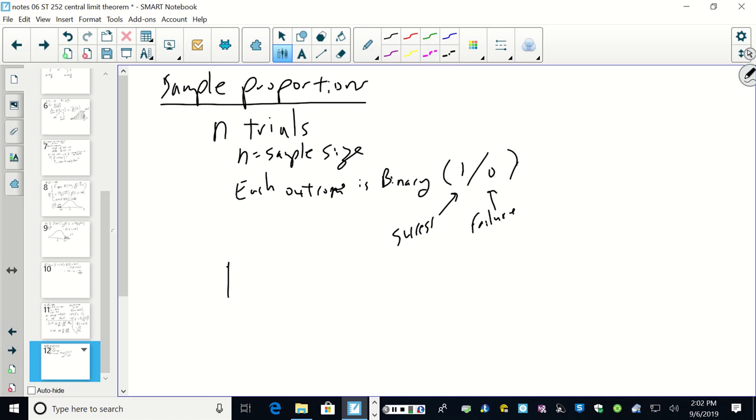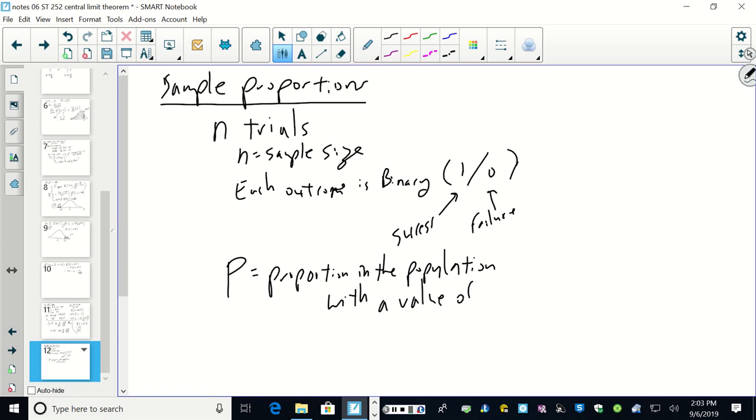P, a proportion, is the proportion in the population with a value of 1. So the proportion who are, what's the population level unemployment rate?